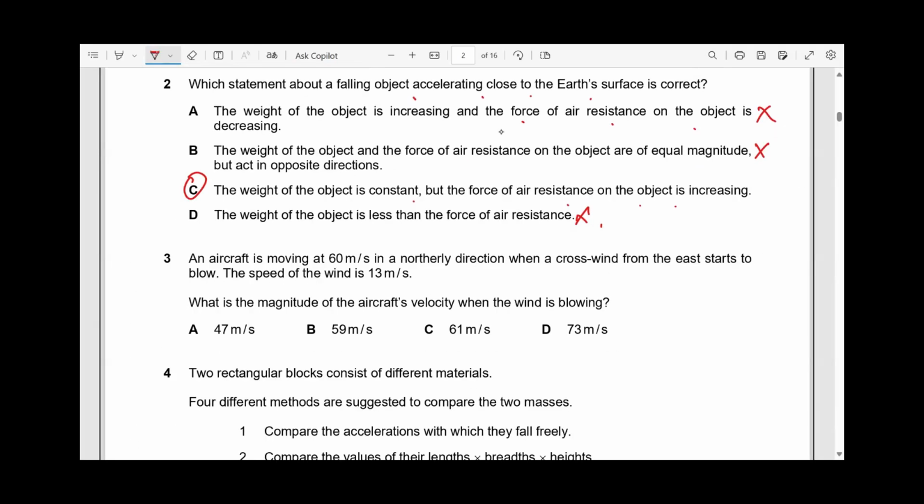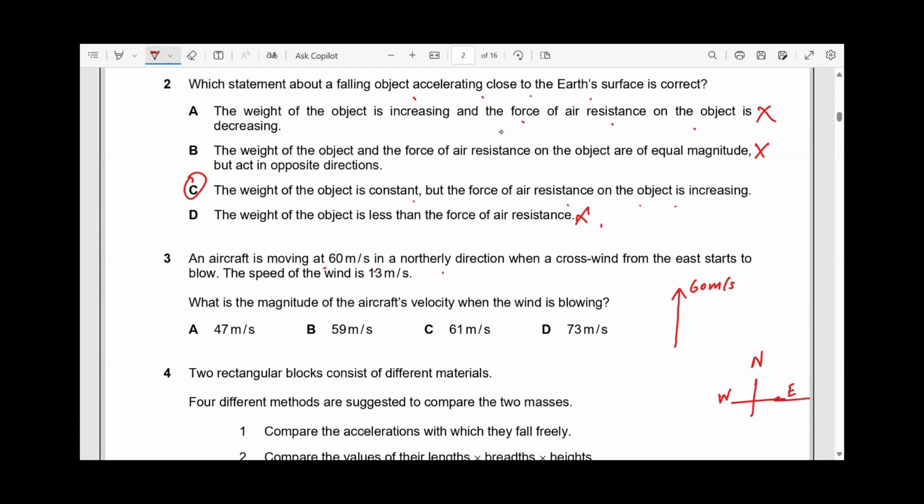An aircraft is moving at 60 meters per second in the northerly direction, and when a crosswind from the east starts to blow, the speed of the wind is 13 meters per second. It is flowing from the east, right? So you have north here, east here, and this is west.